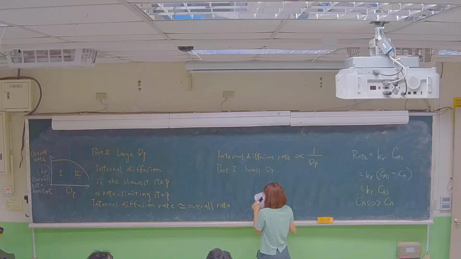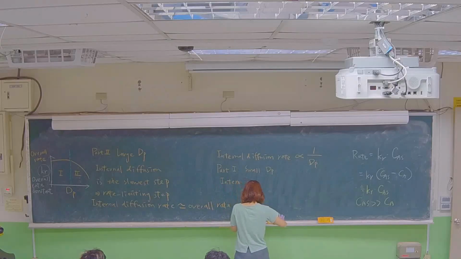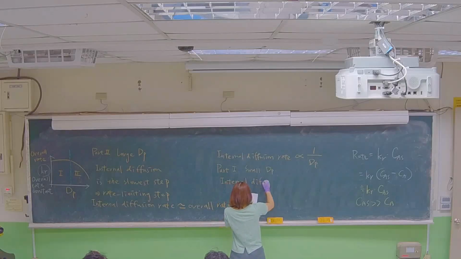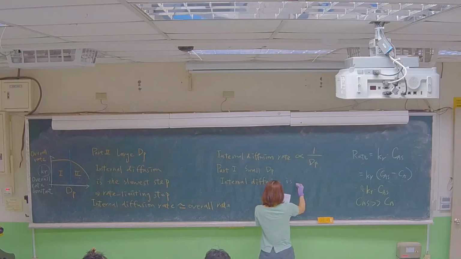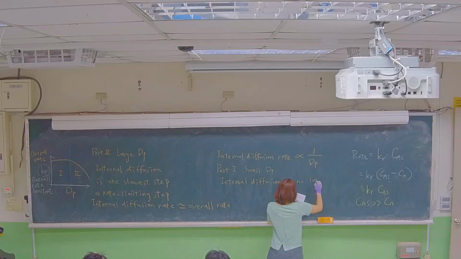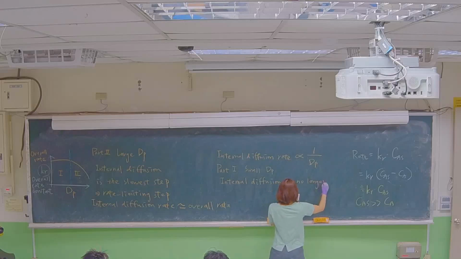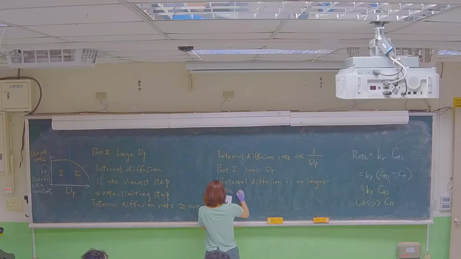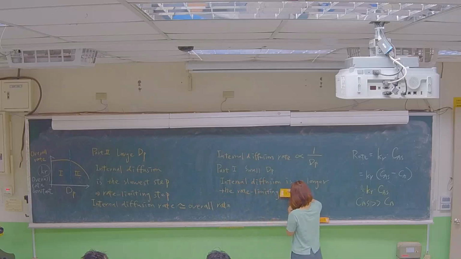Small dP means the internal diffusion is much faster, so it is no longer the rate limiting step.